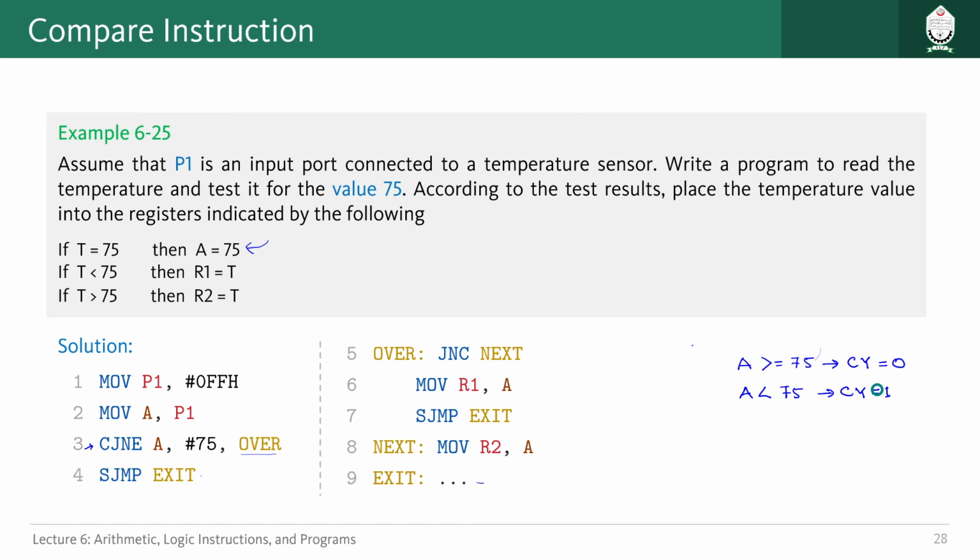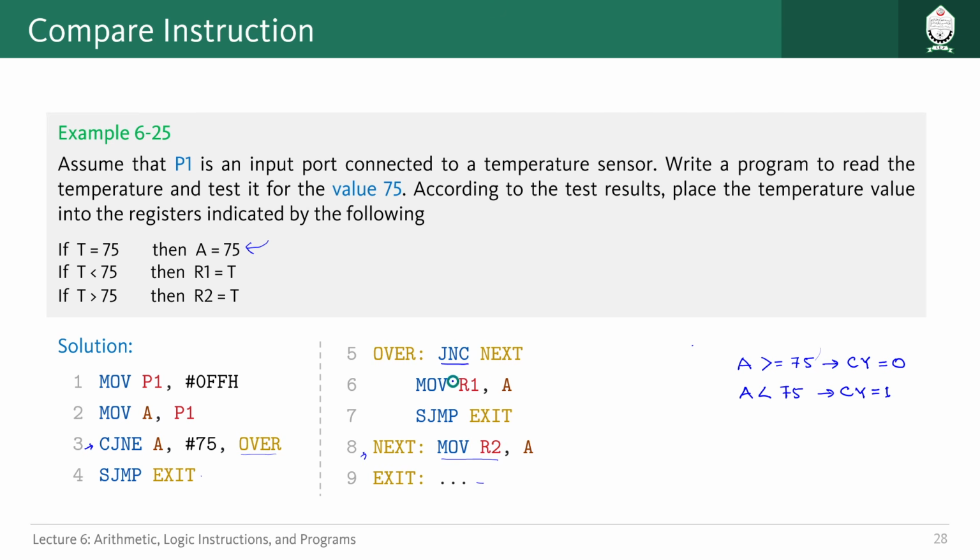Now look at this command, jump if not carry. So jump if not carry means this condition, right? If not carry, we can go to this label next, and if not carry, that means the value we have in temperature, which is stored in register A, is actually greater than 75, and for the case of temperature greater than 75, we have to store the value onto R2, which is done here, right?